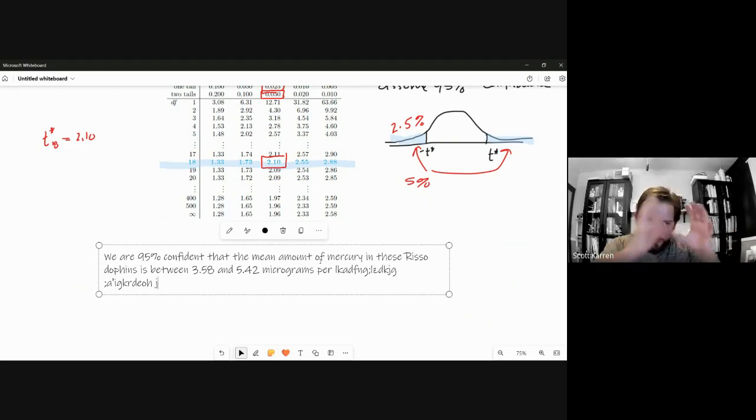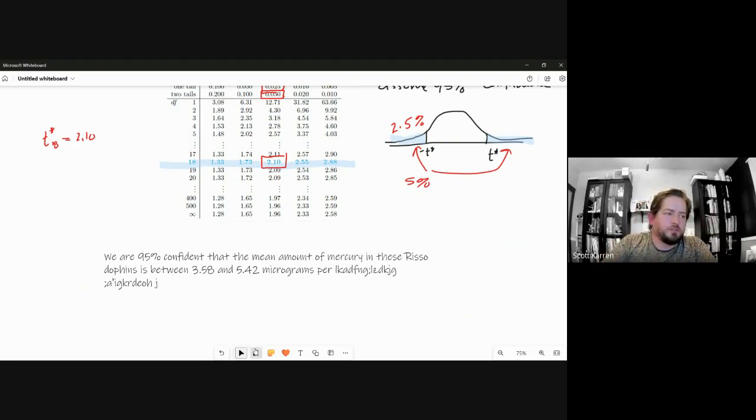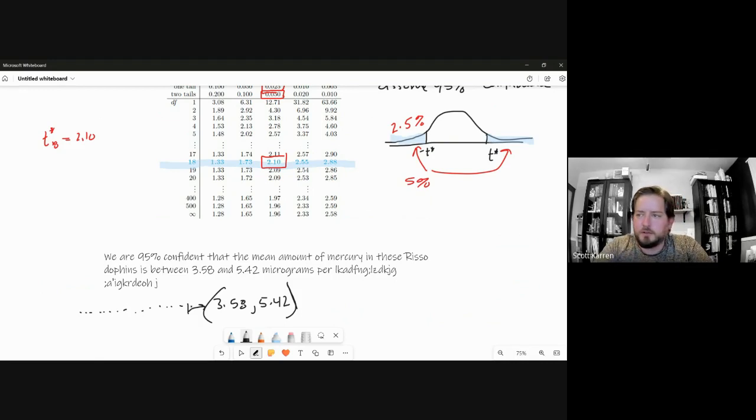It doesn't matter, right? That's the interval, and you can also answer that in an actual interval form. You can say my interval is 3.58 to 5.42. And you can also say we're 95% confident that the true mean lies in this interval and list it out, right? So that's our interval. We're 95% certain that it's in there.